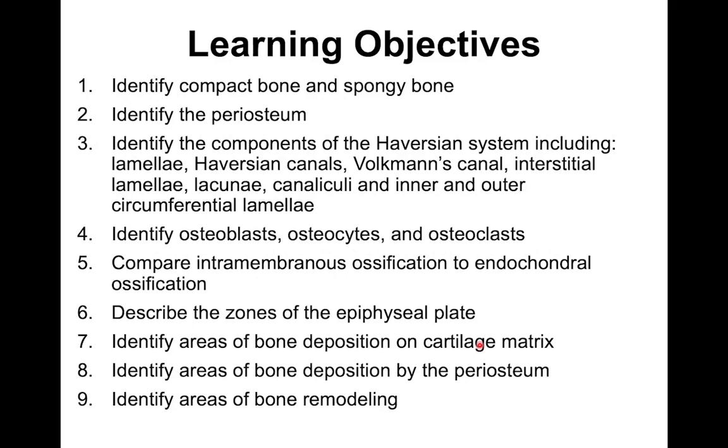And in regard to bone, we'll see the two types of bone, compact and sponge bone, and we'll see their structural difference. And we'll also cover the three types of bone cells, osteoblasts, osteoclasts, and osteocytes. And we'll also cover the two types of bone formation, the intramembranous and endochondral bone formation.